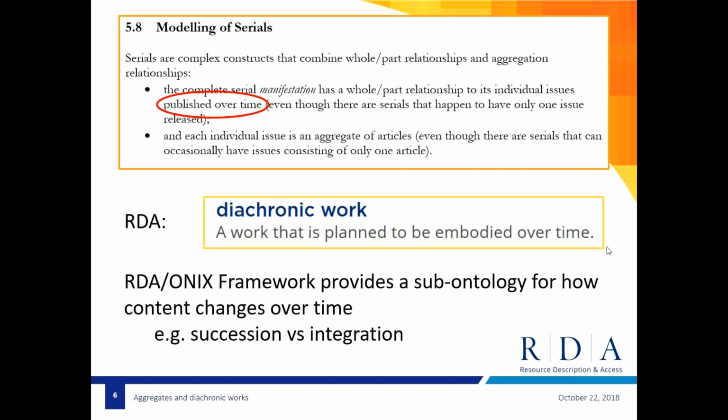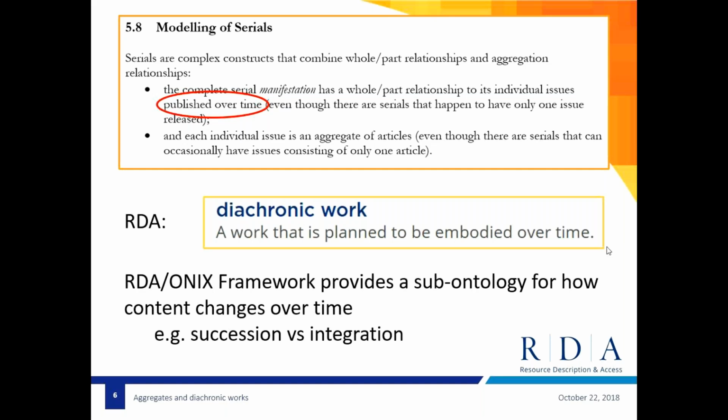The RDA Onix framework is actually what we use to distinguish carrier and content types in RDA. And in the new toolkit, you will see a lot more information about the relationship between, say, a carrier type and the underlying framework attributes.